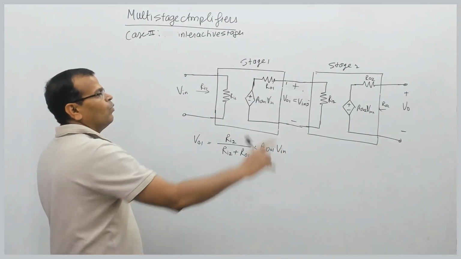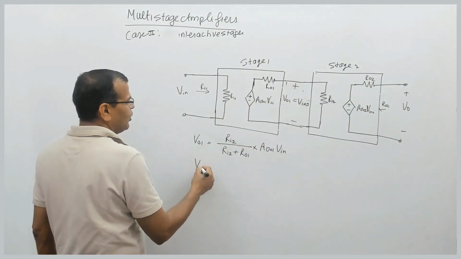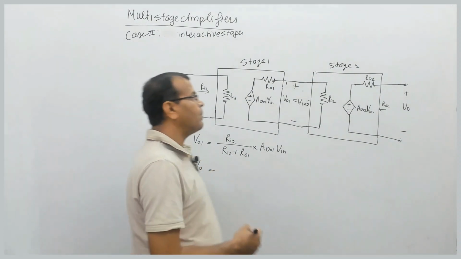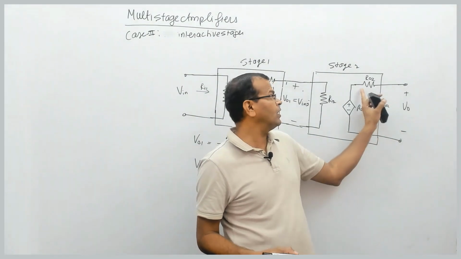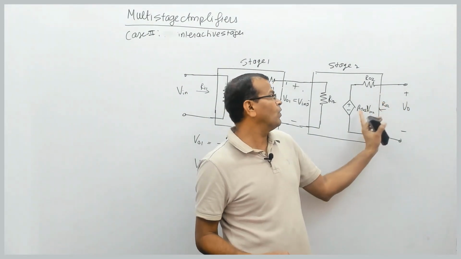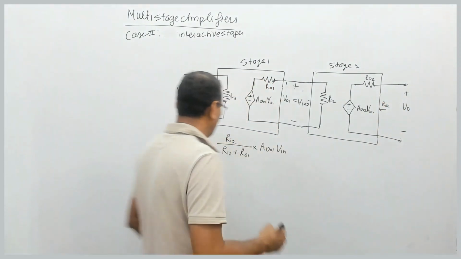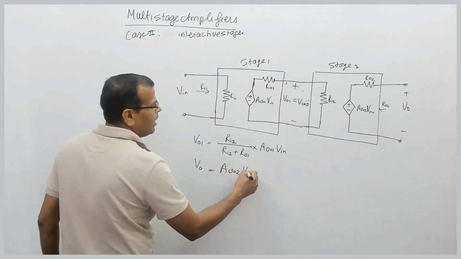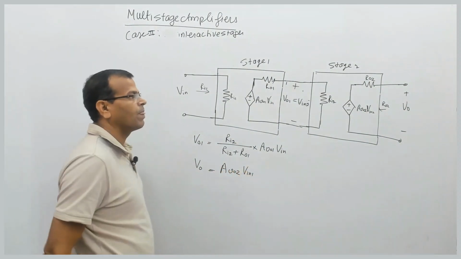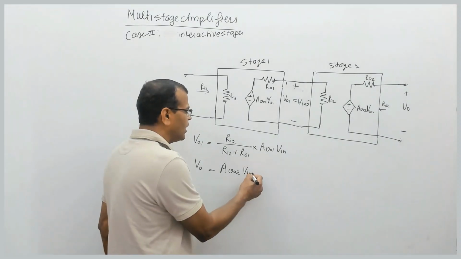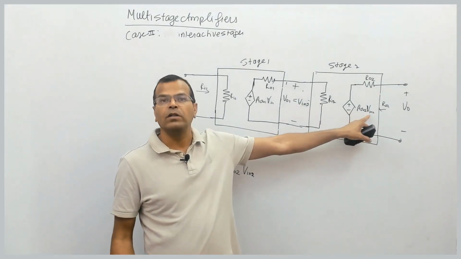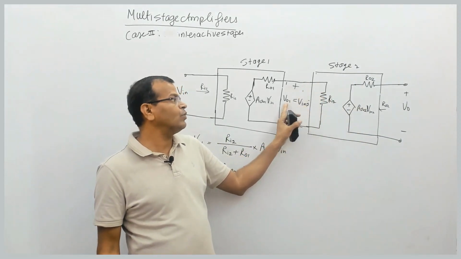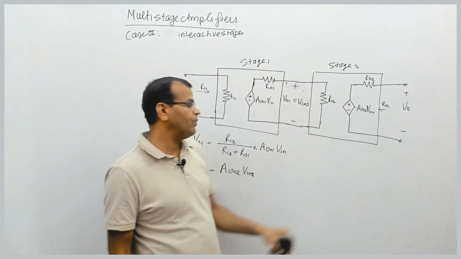Fine. What is the output of the next stage? V0 will be equal to, here I am taking open circuited, so there is no voltage drop across this. So whatever is this voltage, that will be the output voltage. So AV02 multiplied by V in 2, that is the input voltage of the second stage. And the input voltage of the second stage is what? Output voltage of the first stage.